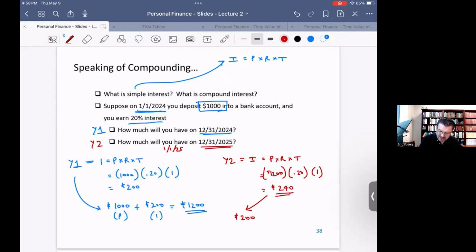So this is the interest on your original $1,000. But you're stuck with $40 that you have to account for. Well, that $40 represents the interest on your previous interest.